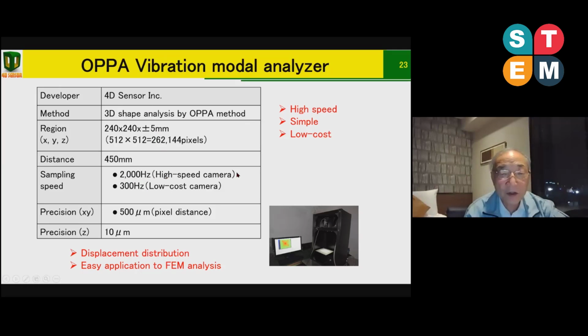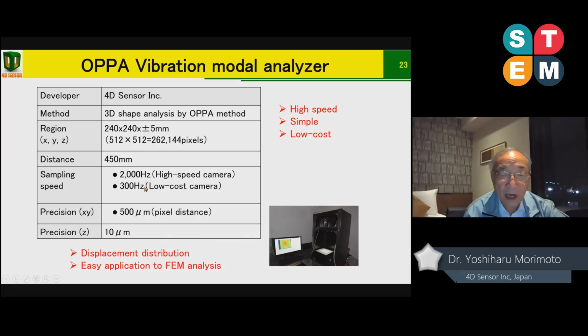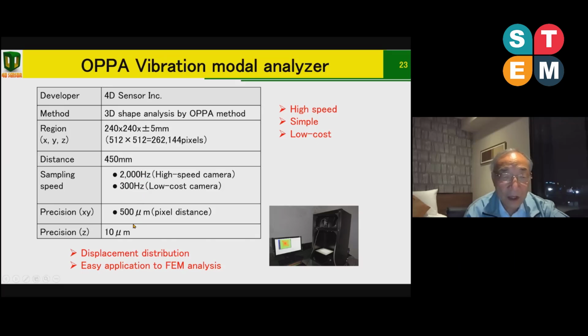If we use a high-speed camera, we can analyze 2000 frames per second. But if we use a low-cost camera, 300 to 700 Hertz, so the vibration speed is half of this value, and the accuracy is 10 micrometers.